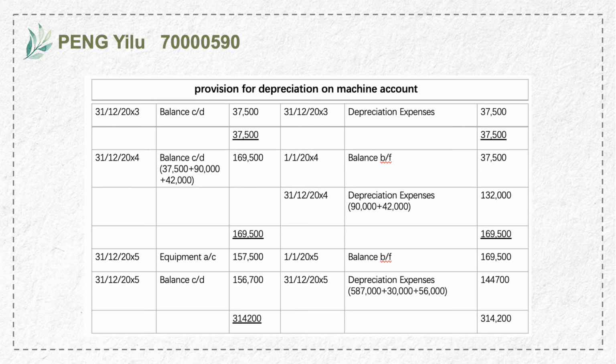And we know from the first page that the account current equals 157,500. So on 31st December 2000 X5, balance carry down is equal to 156,700.